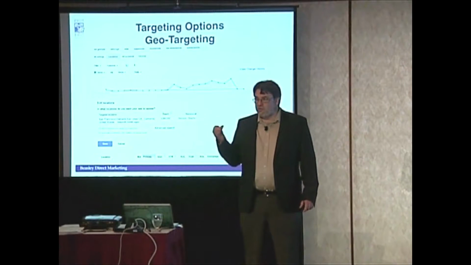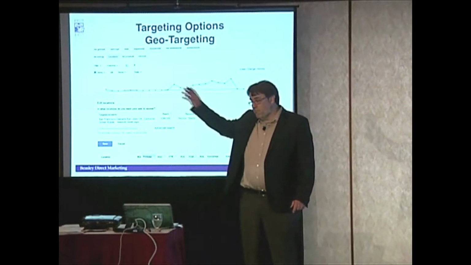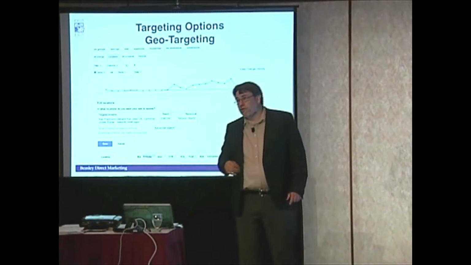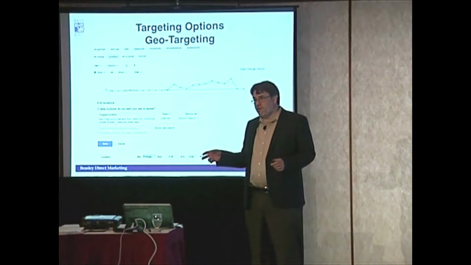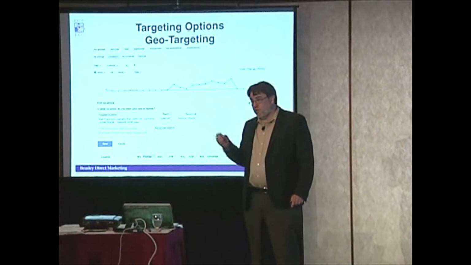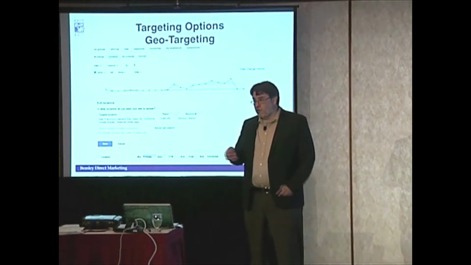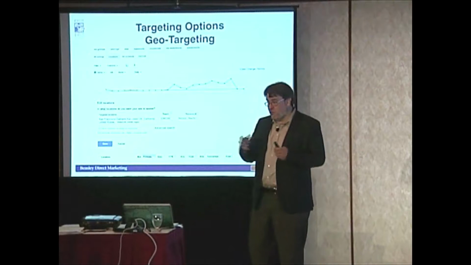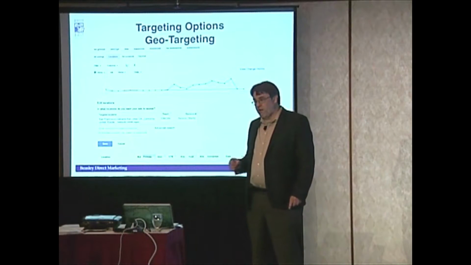So if I'm searching for San Jose dentist office, I could be in Georgia, and I look for San Jose, California dentist office. Google is going to return me ads about San Jose, California dentists. But if I look for dentist office and I'm in Georgia, Google's going to return ads for Stone Mountain dentist office in Georgia. They're going to look at where my IP address is located.